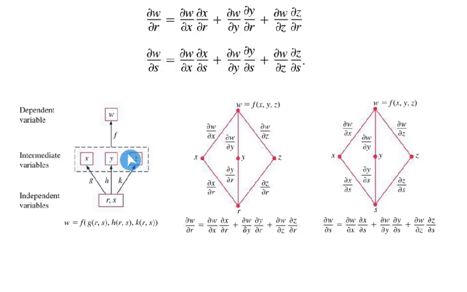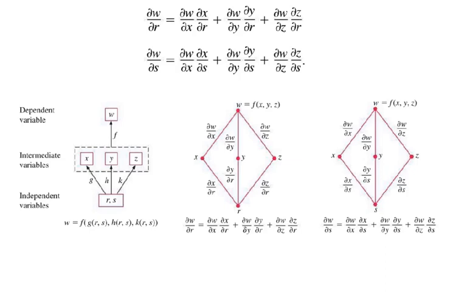And so x, y, and z together make up w, my dependent variable. These are two dependency diagrams here, the first representing the partial with respect to r, and the second representing the partial with respect to s. I would encourage you to pause and think about what's going on here, and that will help you remember how to use the formulas.